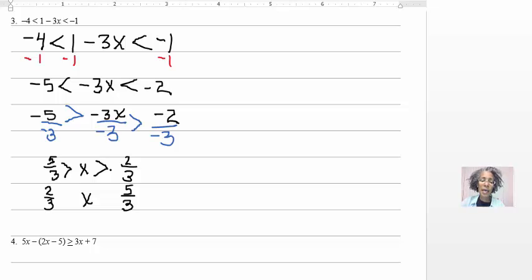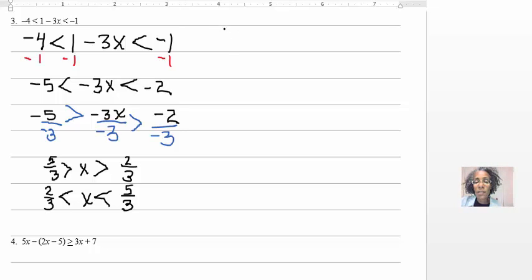And notice that the point of this inequality symbol is toward 2/3. That's still true as I switch the order. The point here for this inequality symbol is toward the x. Well, notice how that's true here. So those two inequalities say the same thing.